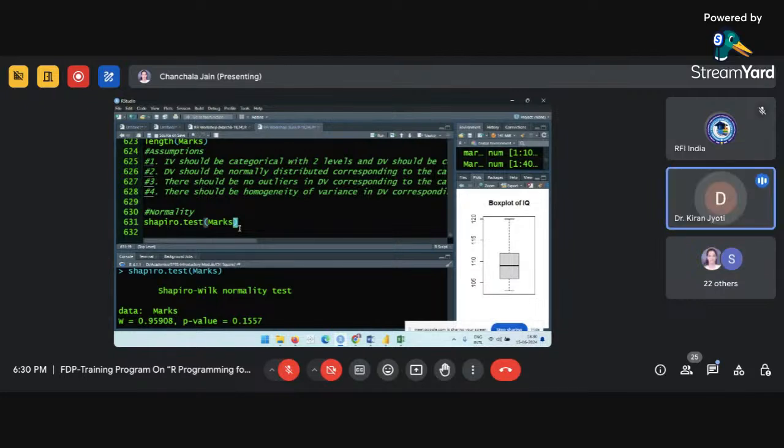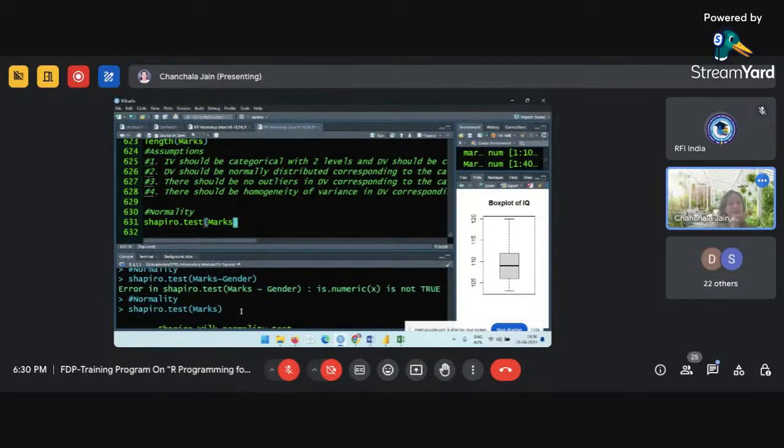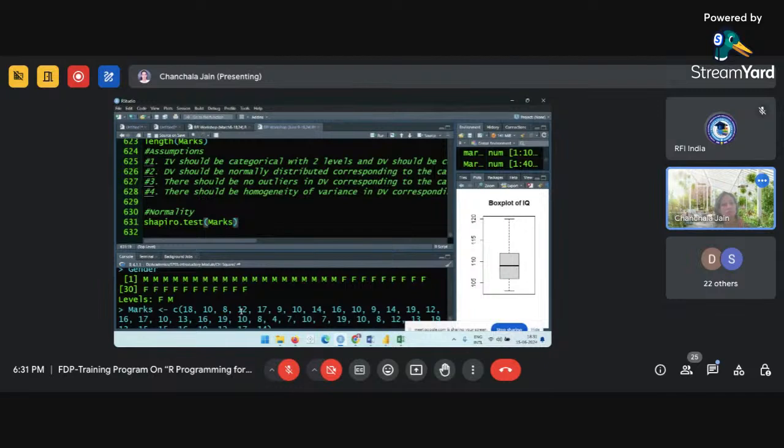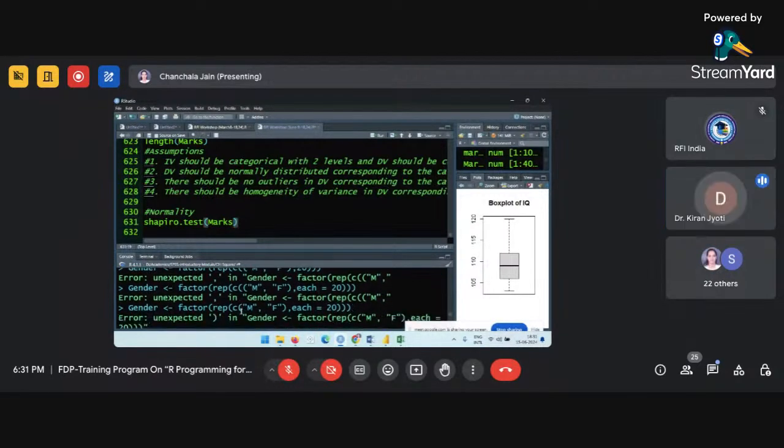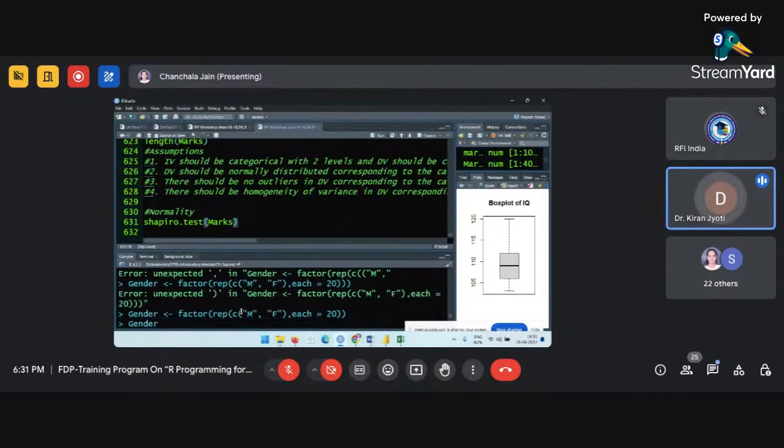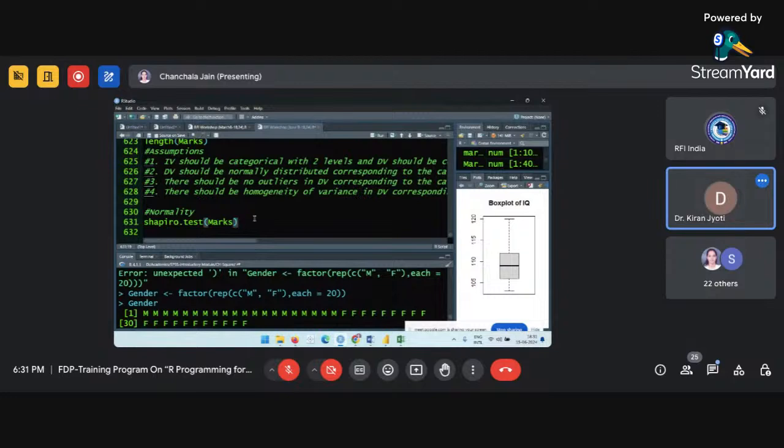Not working. Same error are you getting? Yes. But I think it should work. What error are we getting? I think one is numeric, one is character, that's why it is giving an error. No, it's not like that.